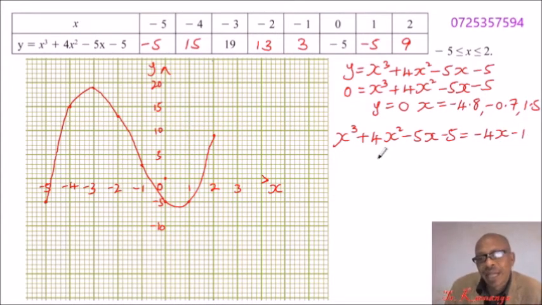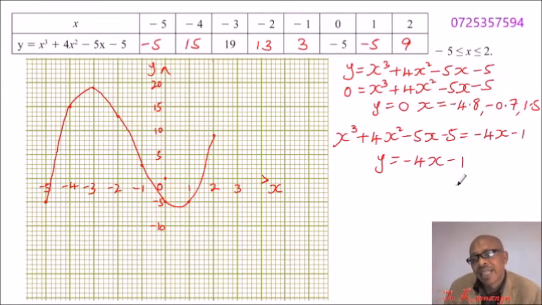So we can say y has been equated to minus 4x minus 1. This represents a linear graph, a straight line. So we need to find the value of x when y is equal to this. That is, we draw a line and find the values where this line cuts our graph here, which is represented by this function.